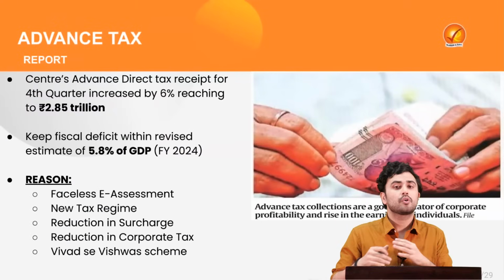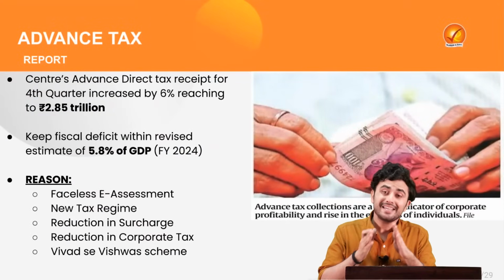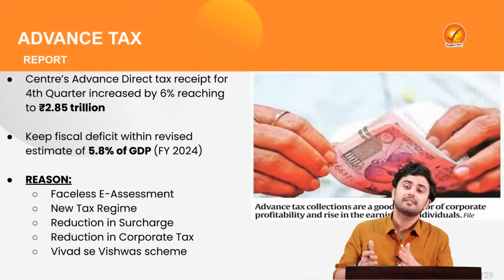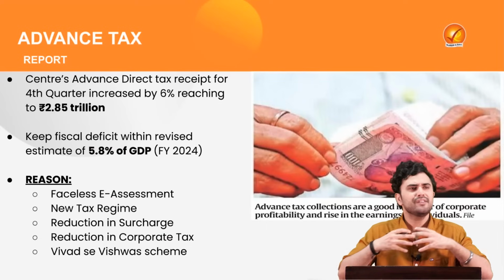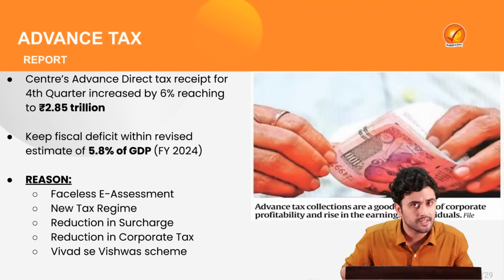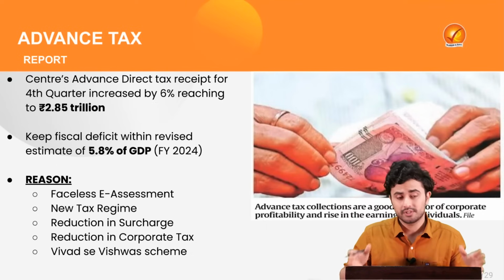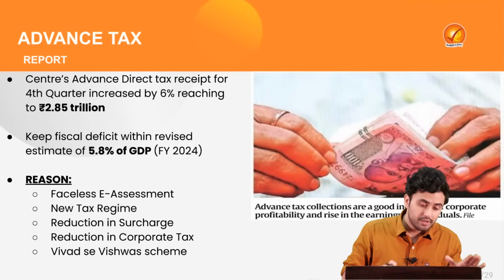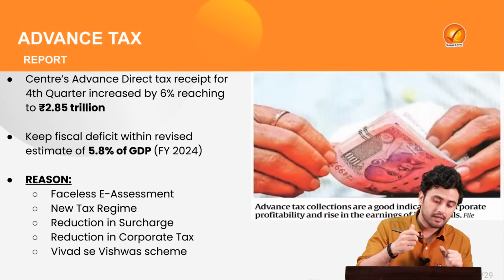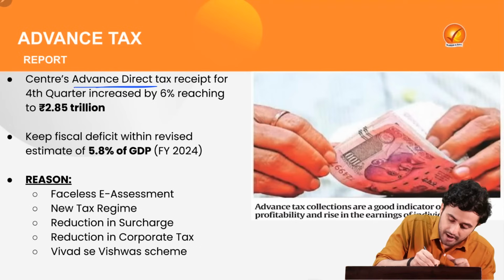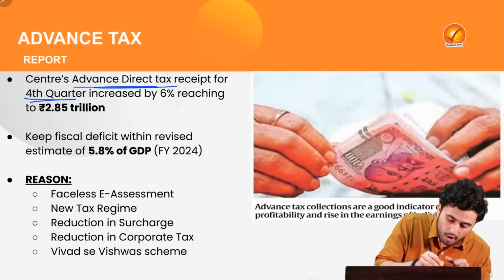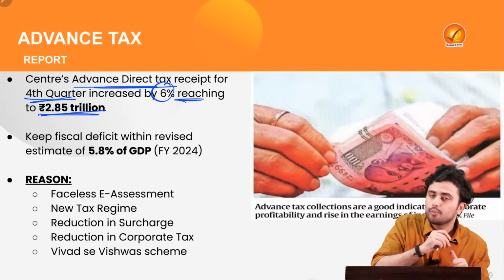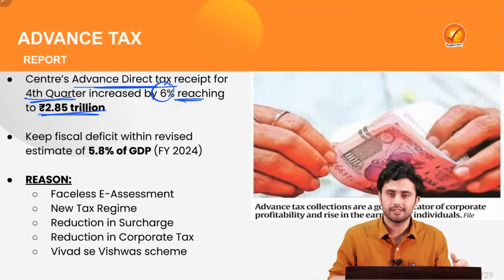Then these taxes or direct source of revenue are very integral for the government to generate revenue, and from this revenue itself the government invests in various kinds of social welfare schemes as directed under Article 38 of the Constitution. Thus, it is good news that the report says the center's advance direct tax receipt for the fourth quarter increased by 6%, reaching rupees 2.85 trillion.